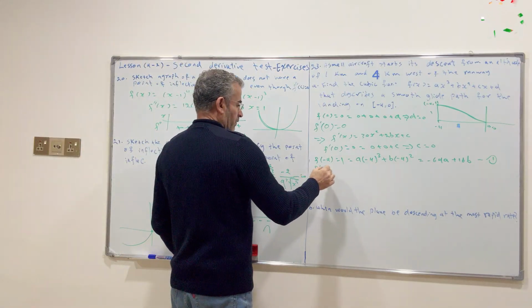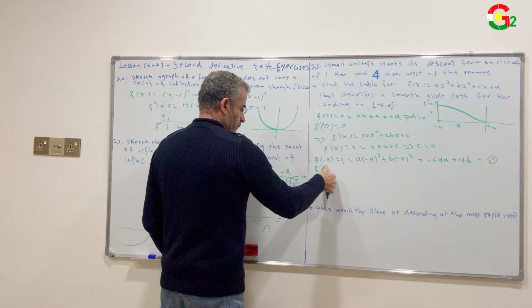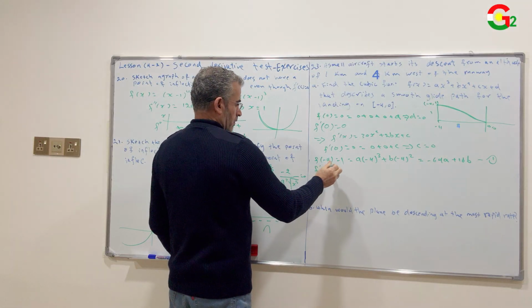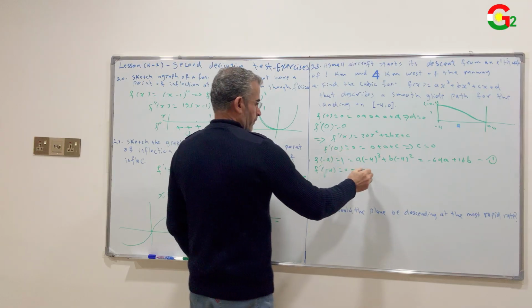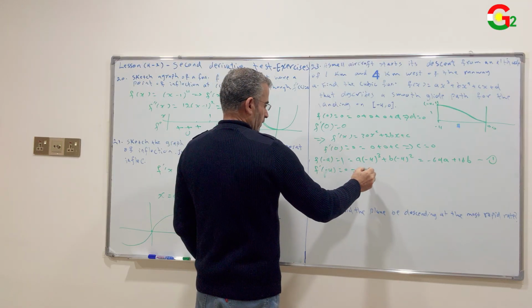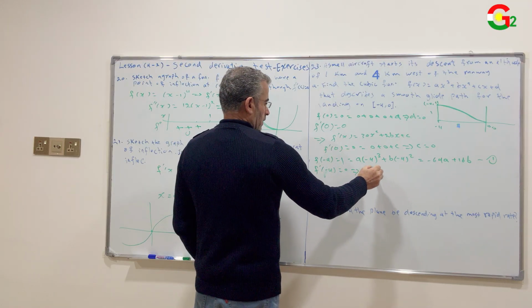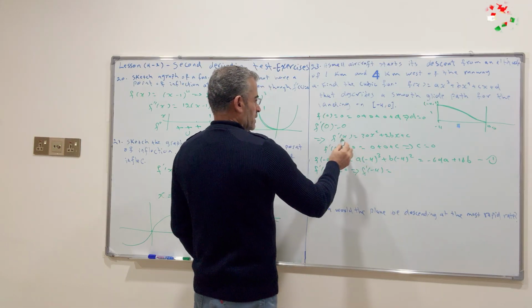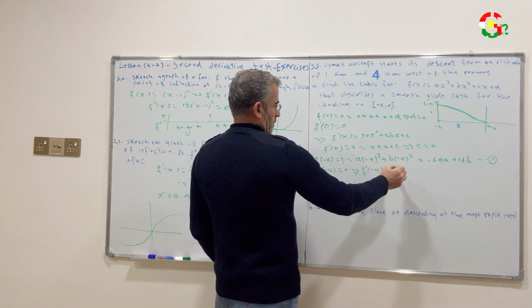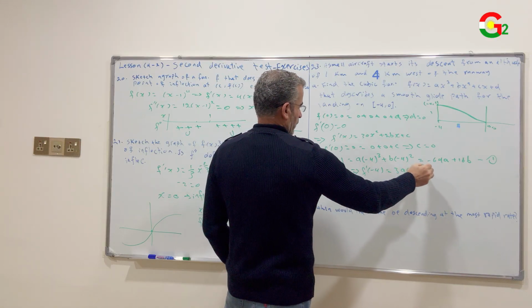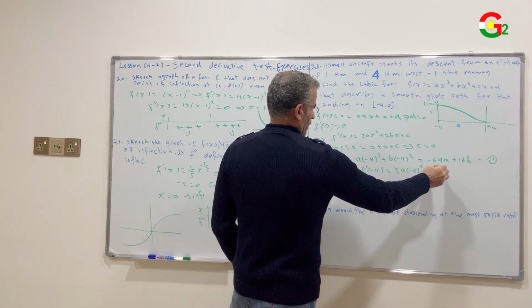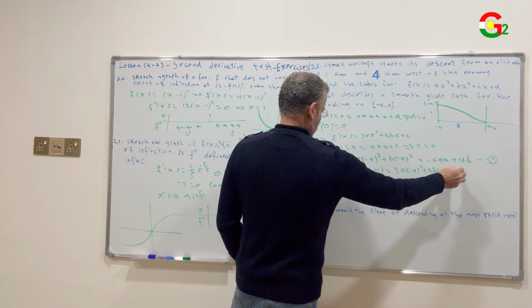Also, negative 4, 1 is a local maximum point for this function. Therefore, f prime of negative 4 equals 0. f prime of x is 3a times negative 4 squared plus 2b times negative 4 equals 0.